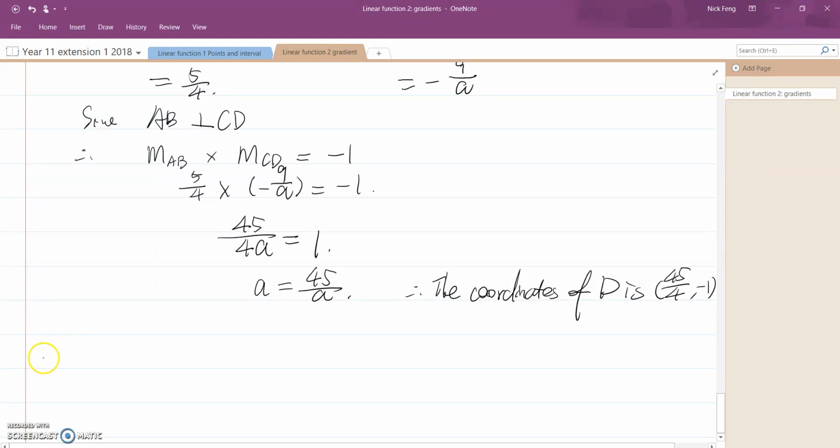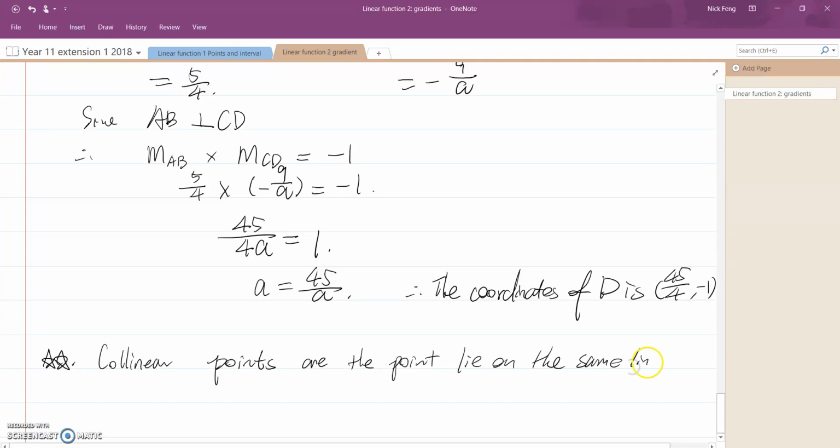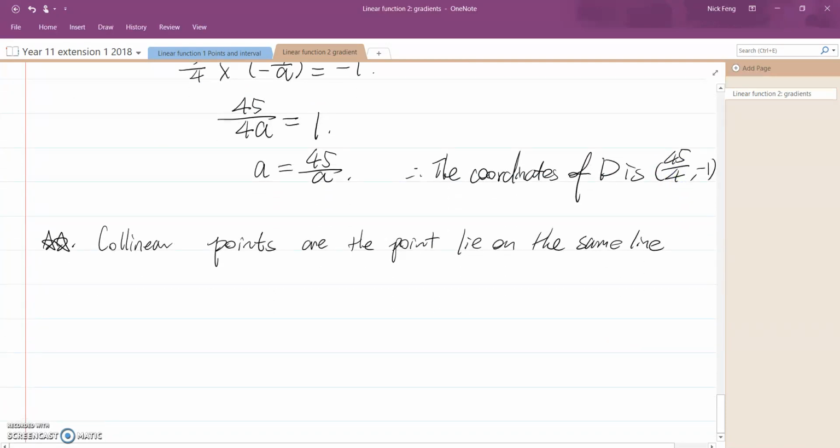Now, another important thing we need to do today is how we actually use the definition of parallel lines to prove something else, collinear points. Collinear points are points that lie on the same line. For example, in this case, if I have A, B, C, this is the first one.